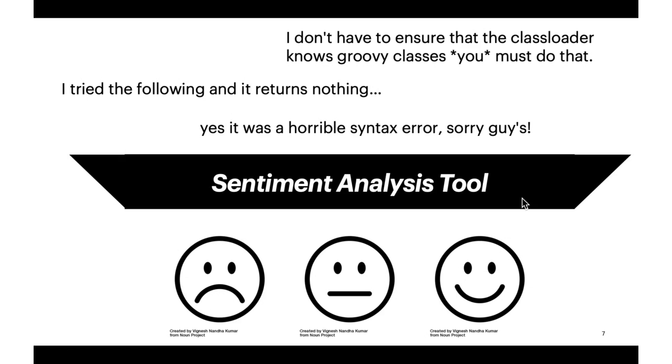Another example of negative emotion is the next one: "I tried the following and it returns nothing." This is not really anger, this is more of a sadness, but it's still a negative emotion. And of course, the last one: "Yes, it was a horrible syntax error, sorry guys." In this case, this emotion is very clearly directed at oneself, but it's also wrapped in a form of apology.